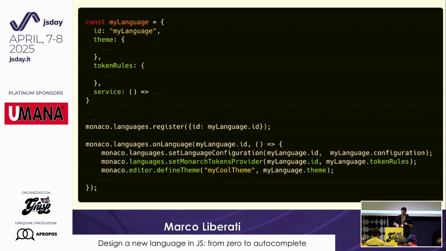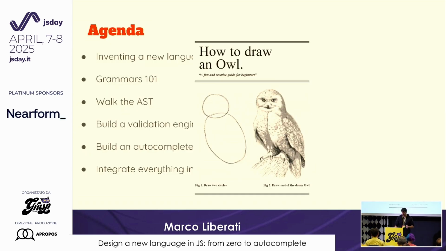And also the language configuration is this. This is the tokens provider and, you know, theme, and everything like that. It's really few lines of code. And that's it, to be honest. Monaco will just pipe to your services and make it work. So now I covered all the topics here, and you know how to implement your own language in Monaco.